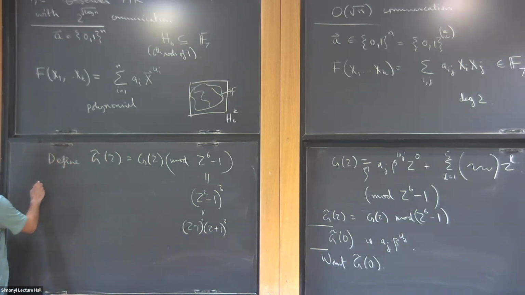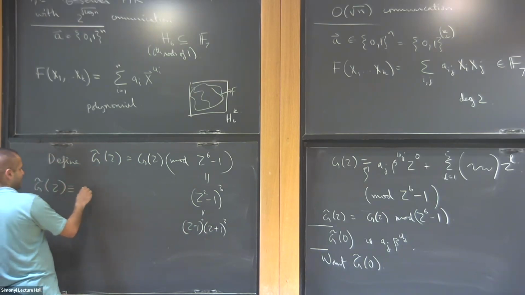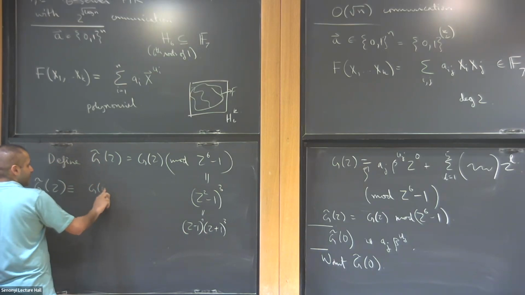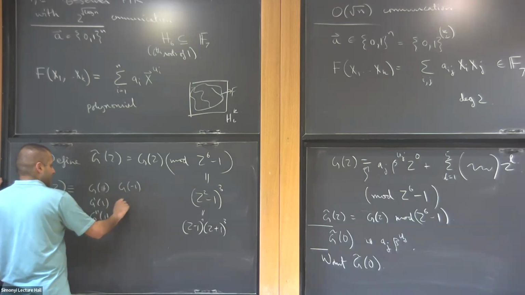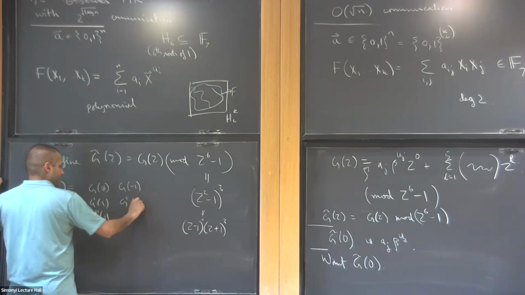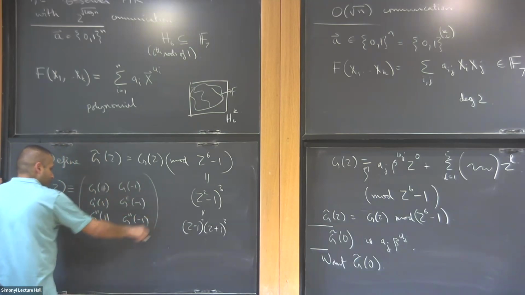So G tilde of Z, this polynomial, is exactly the same information as G of 1, G prime of 1, G double prime of 1, G of minus 1, G prime of minus 1, G double prime of minus 1.